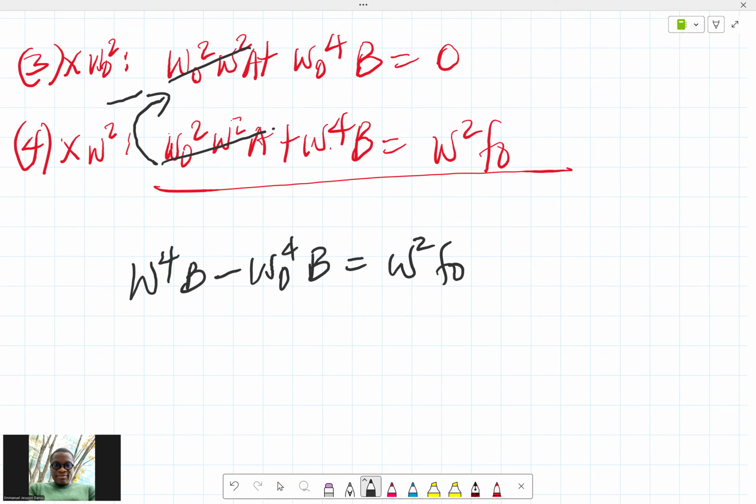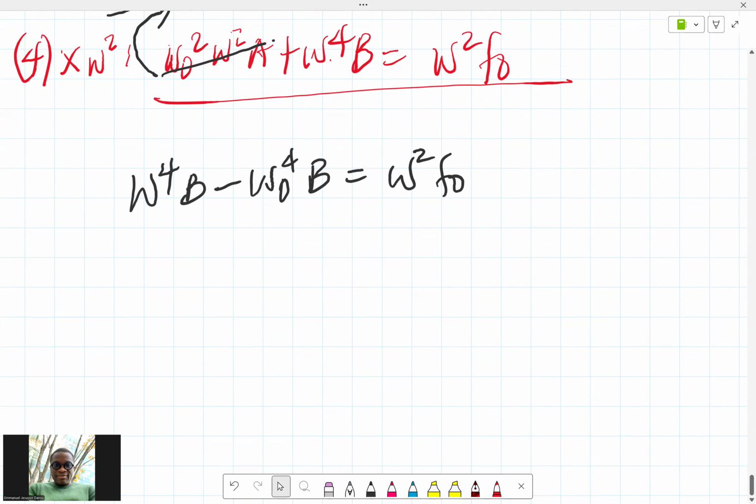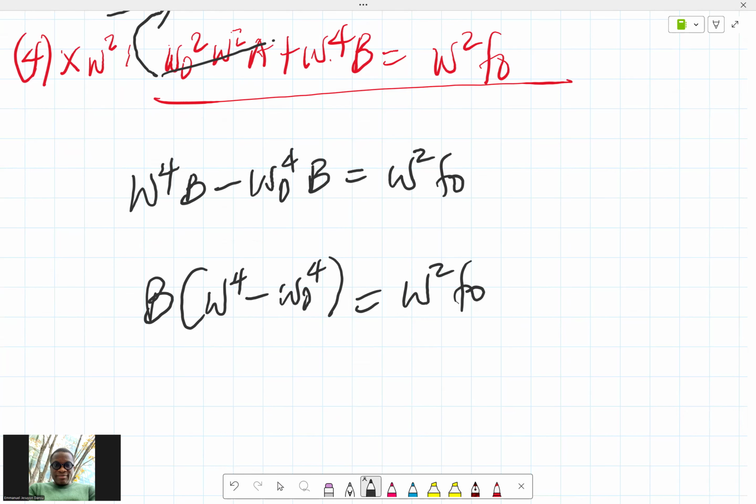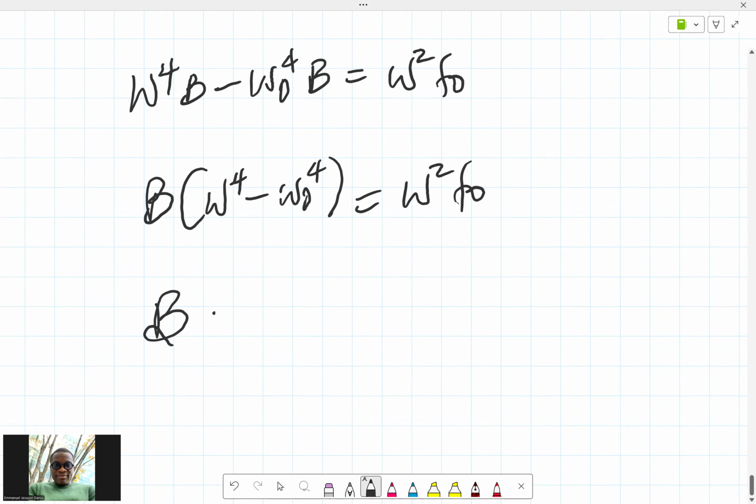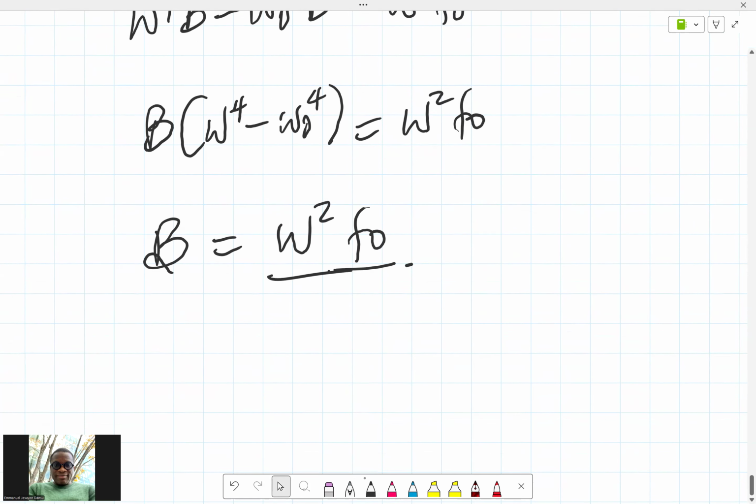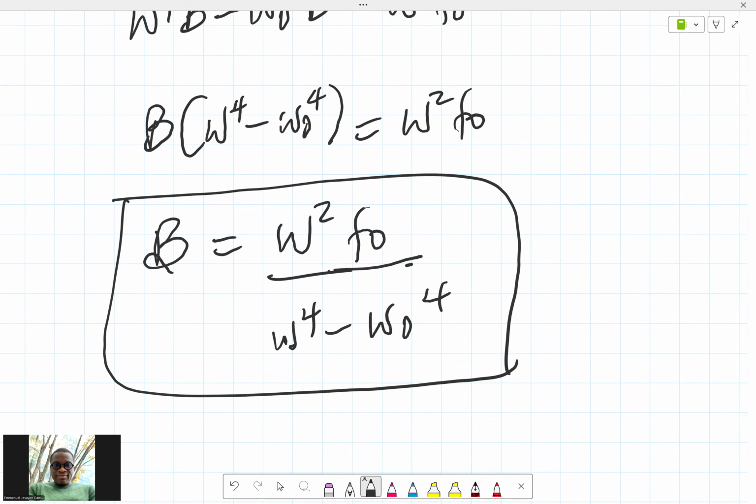Okay. So here we can get b. So this is like b into omega raised to power 4 plus omega naught raised to power 4 equals omega squared f naught. So b alone is equal to omega squared f naught all over omega raised to power 4 minus omega naught raised to power 4. So this is what b will be like.